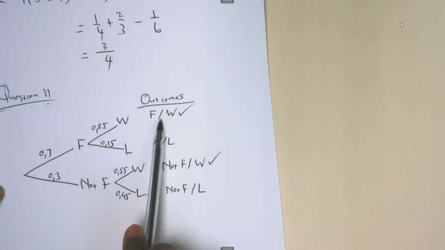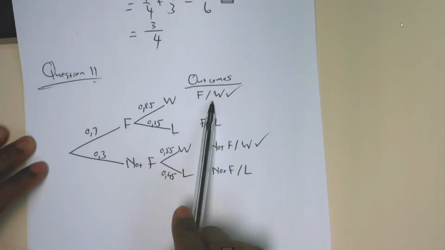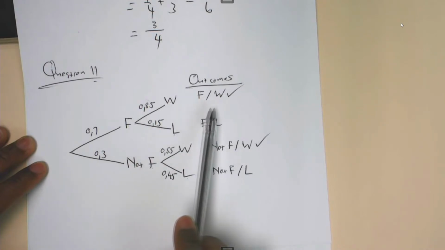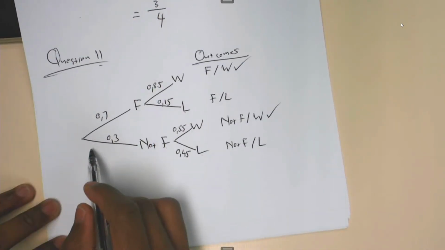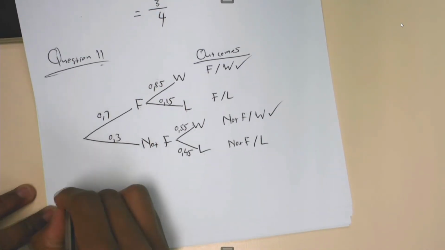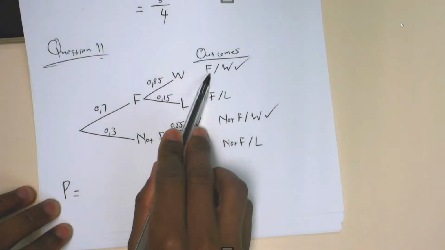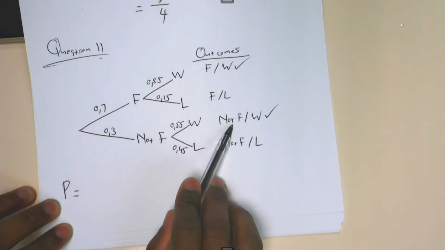Remember, to get the probability of the first outcome, what do you do? You multiply the probabilities that got you there. So in other words, the probability of them winning is the probability of the first outcome plus the probability of the second outcome.